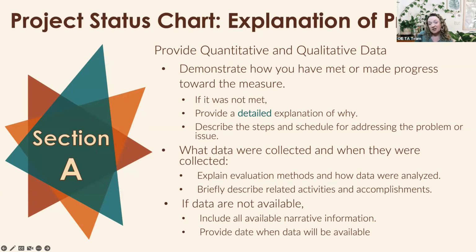We do often get explanations of progress that are only 1 or 2 sentences. That does not provide sufficient explanation for that number. In order for us to truly understand what is going on in your project, you've got to give those robust explanations of progress. So take advantage of this opportunity to tell the story behind your numbers.